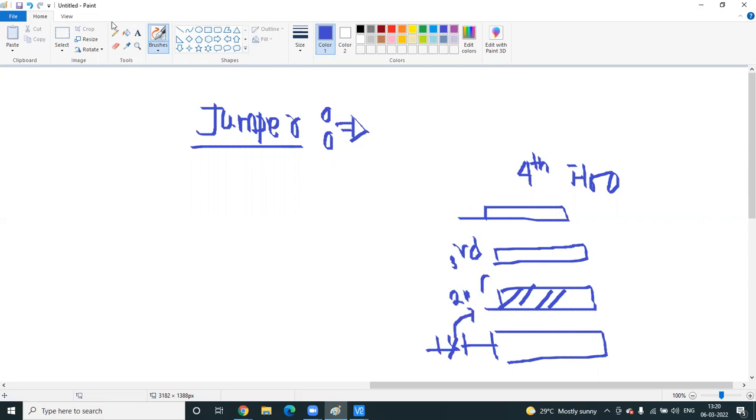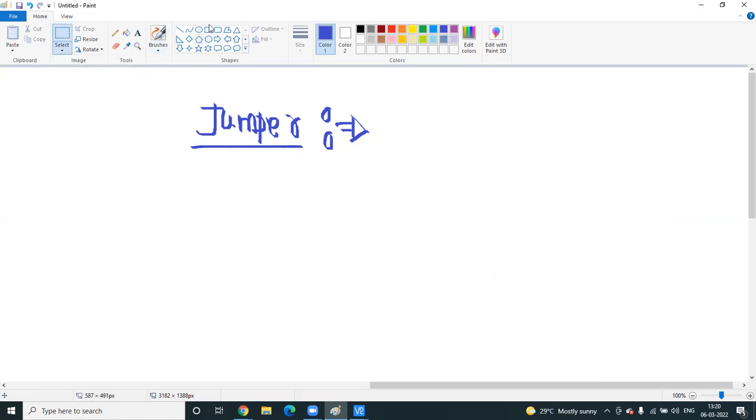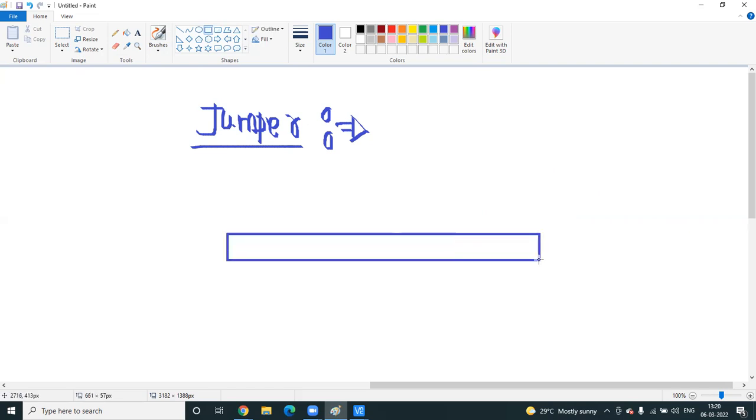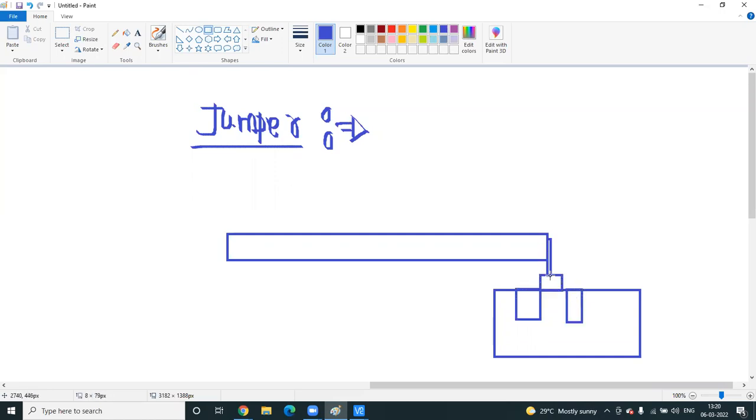Similarly here also, you connected the gate, and this is your M2. So you are not able to change anything.